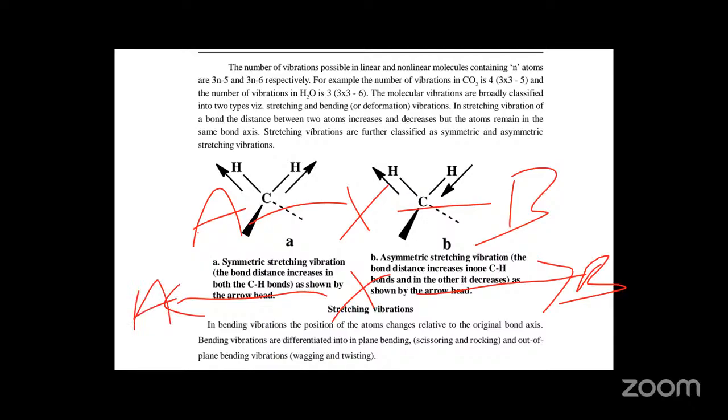For example, 2 angstrom here and 2 angstrom there. So equal distance is there, and it is symmetrical stretching.